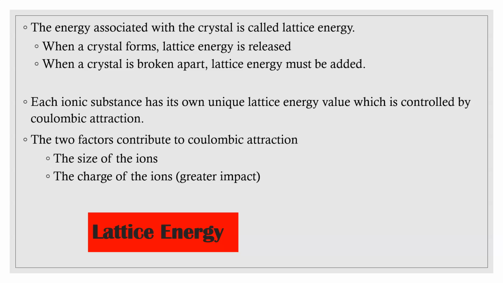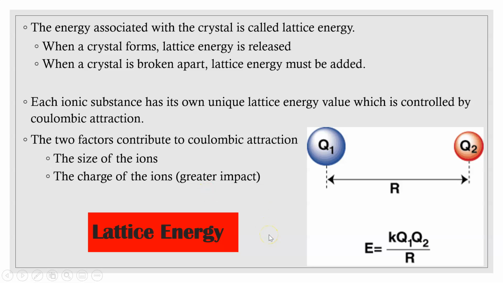When you were doing the introductory activities, the POGIL and so forth, on Coulombic attractions, you were asked to create some general equations that represented how energy changes with these two ideas. And so here is what we call Coulomb's law. Coulomb's law takes those ideas and puts them into an algebraic equation. So the crystal lattice energy is equal to the product of the two charges divided by the distance.